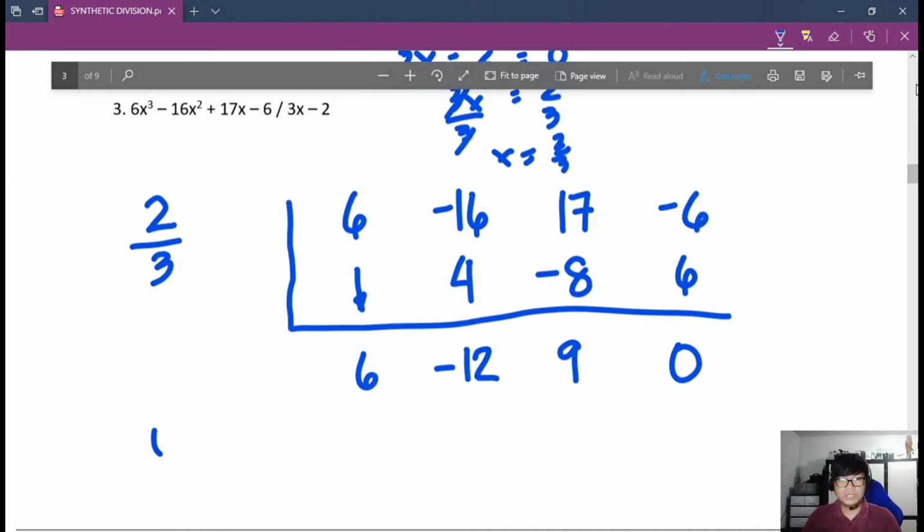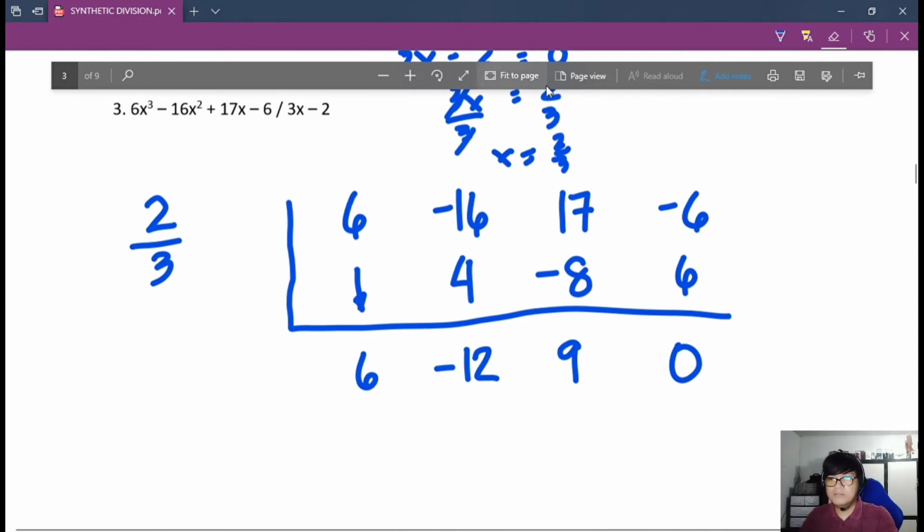Our quotient, sorry, meron pa palang kulang. We forgot. May kulang tayong ginawa. So since yung ating divisor is a fraction and the numerator is 3, we have to divide here.